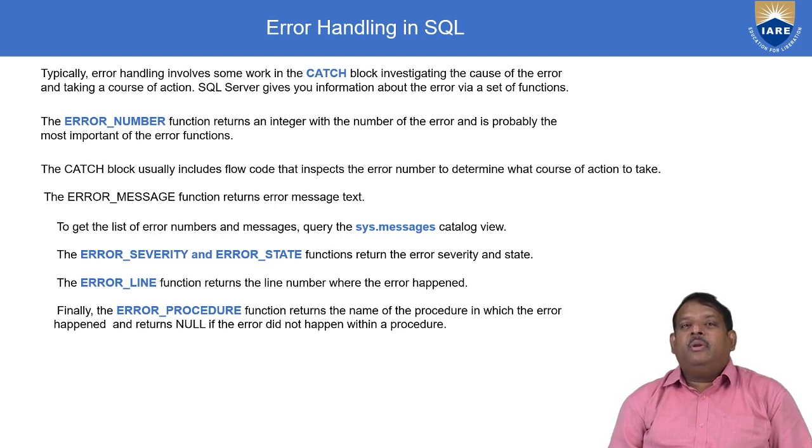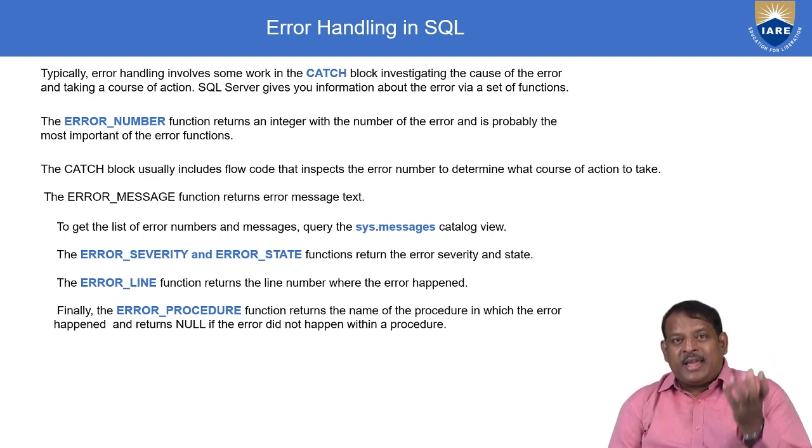The catch block usually includes code that inspects the error number to determine what course of action to take.